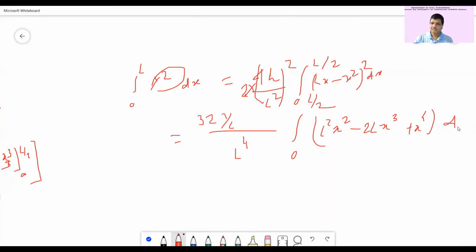I think you are able to do the integration of all these things. I am not going into detail, and if you do it, these will come as certain standard values.